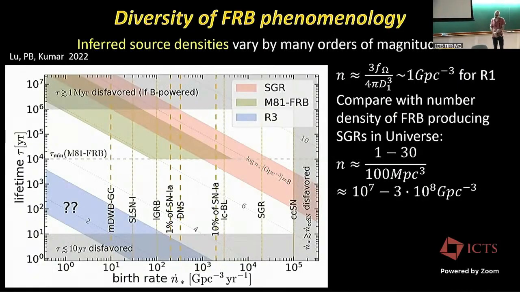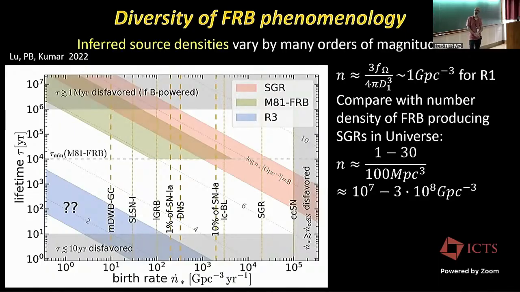This relates to another point, which is how common these sources are in the universe. And the density of these sources is also varying by a huge amount. If you look at something like very active repeaters, say 121102, and you try to categorize it as some class, let's say, very active repeaters associated with PRS, those are extremely rare in the universe.